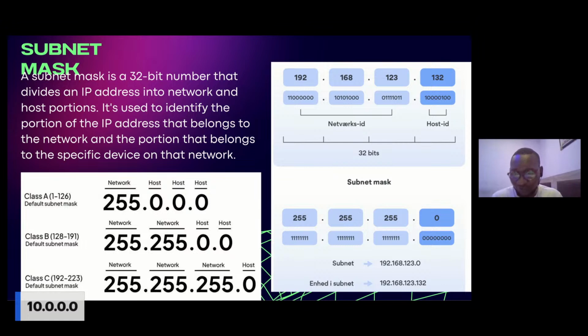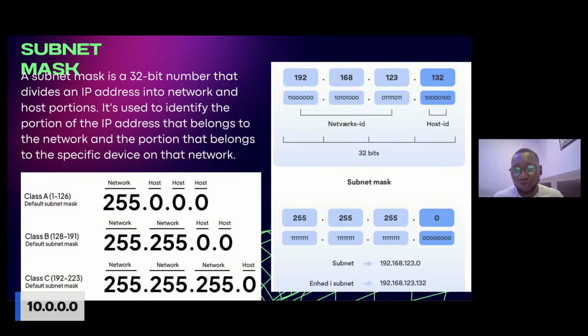So if you look at the lower left corner for class A, we have 255.0.0.0, right? Why? Because if you look at this 10.0.0.0, the places where you have zero are actually zero values, and the places where you have an actual numerical value, like the 10, is where you have the 255.